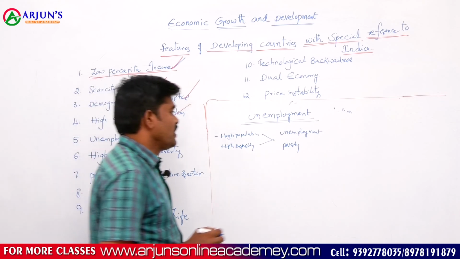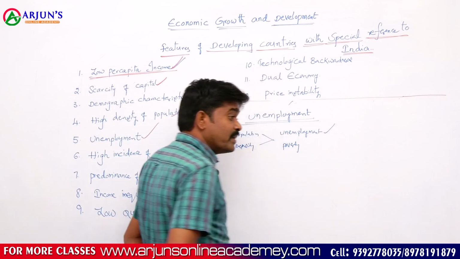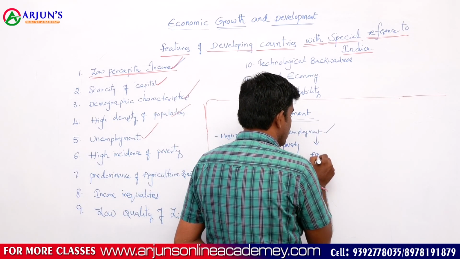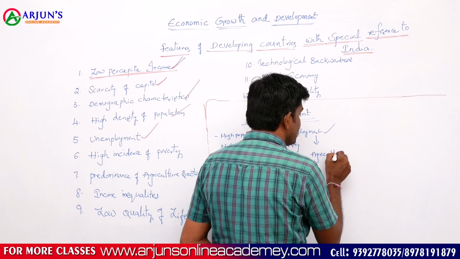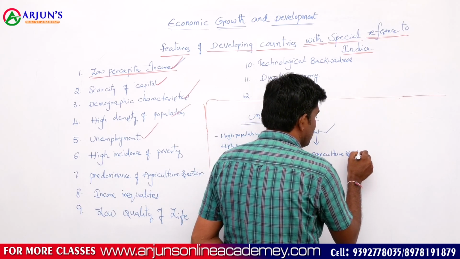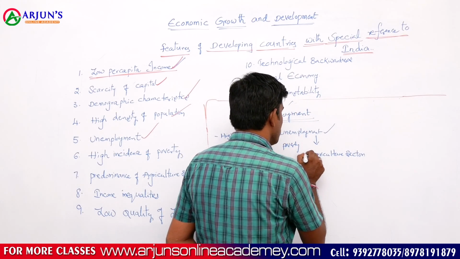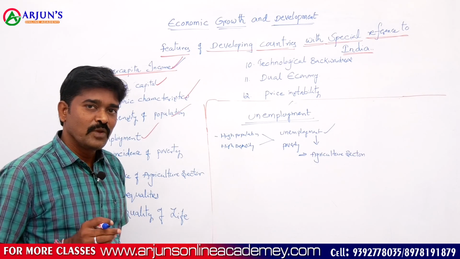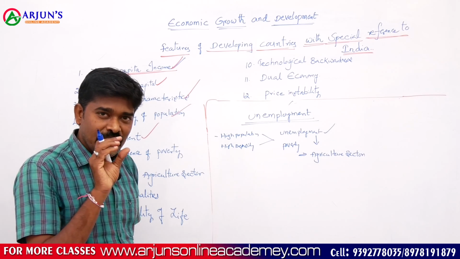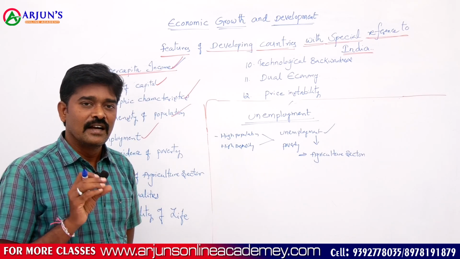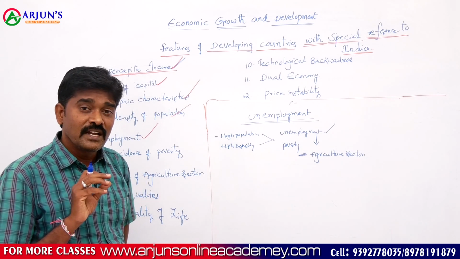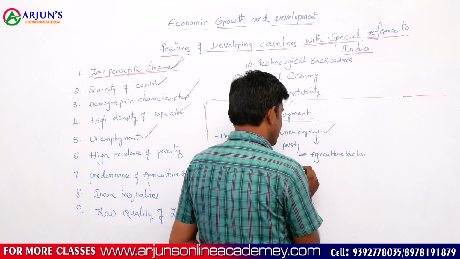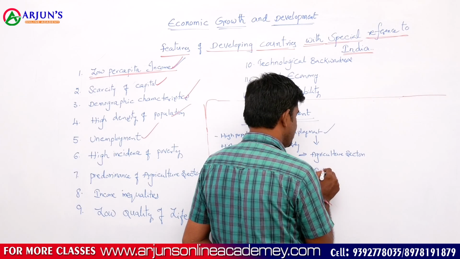Unemployment is very high in the case of developing countries because in our developing economy, the majority of the people depend on the agriculture sector. The agriculture sector is unable to provide employment throughout the year to all sections of the people in the country. But in the case of developed countries, the size of the population is very low and the density of population is less. The rapidly growing sectors in the developed countries are the industrial sector and service sector.